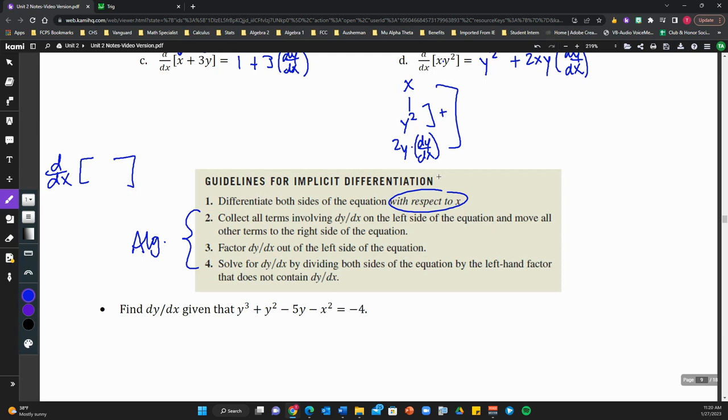To do that, we have to collect all the terms in the equation that have a dy/dx factor onto one side. We always choose the left because that's easiest to organize. Then we move all the non-dy/dx terms to the right side. Then we can factor out the dy/dx factor from everything on that common side, which leaves us with a group, or maybe just one factor, that we can divide out. And so we isolate our dy/dx.